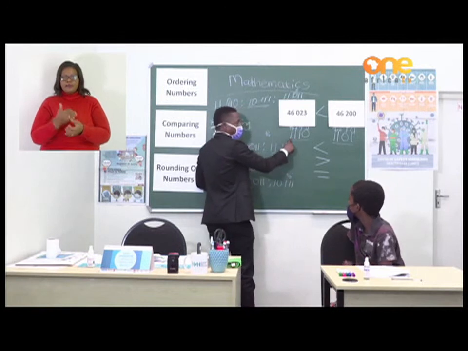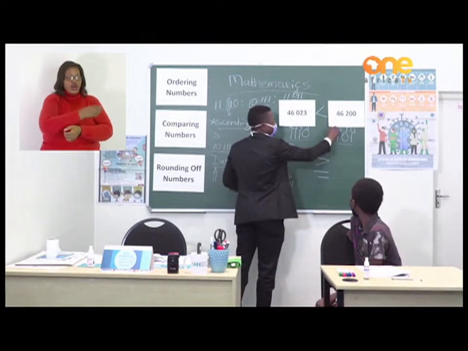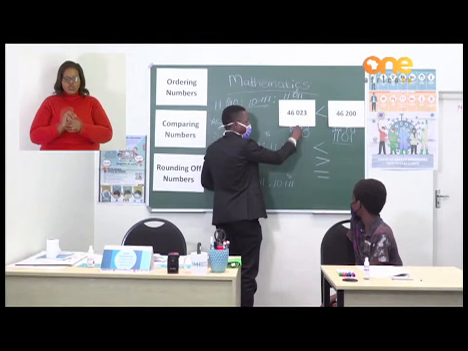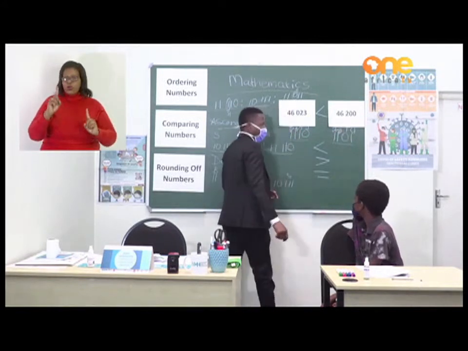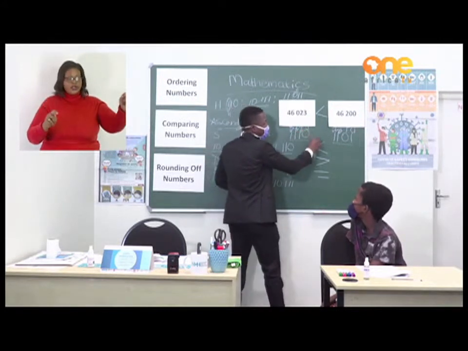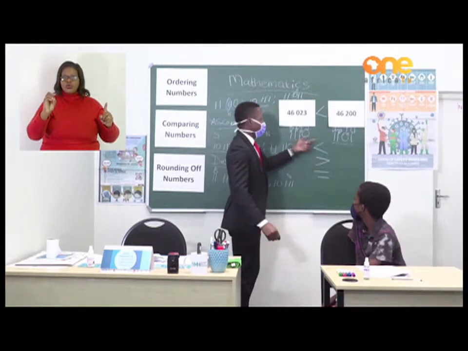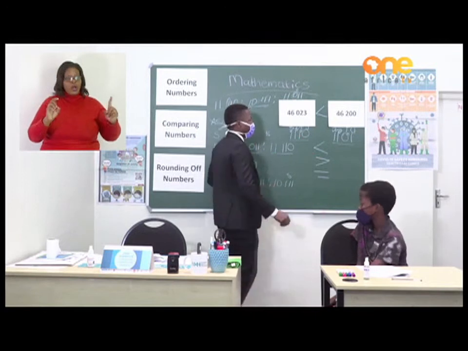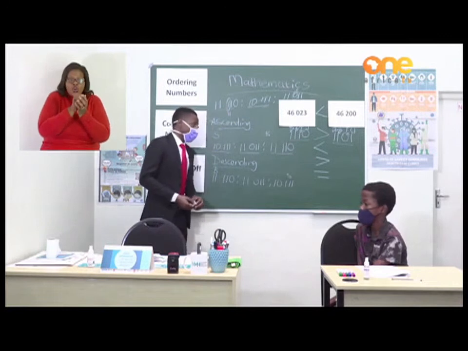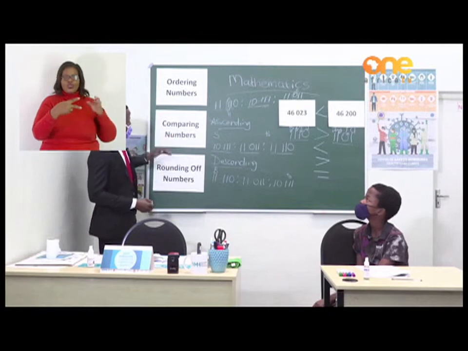Let us start comparing, starting with the first digit here, thousands. You have 1, you have 1. Fine. There is no difference. We go to the hundreds. We have 1 and we have 1. Still the same. There is no difference. We come to the tens. The tens, you have 1. Here you have 0. 1 and 0, 1 is bigger than 0. So in that manner, you can already tell that the crocodile will go for what is big. So that is to do with comparing numbers.